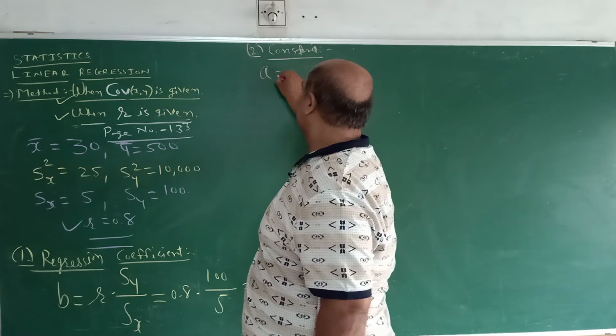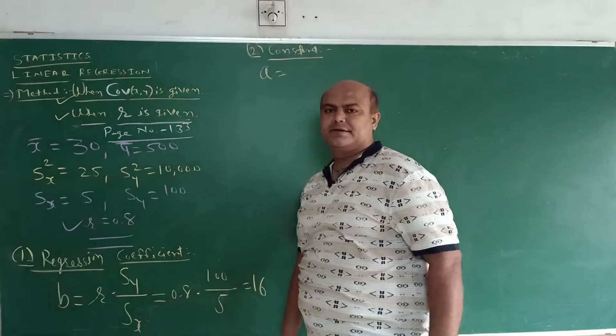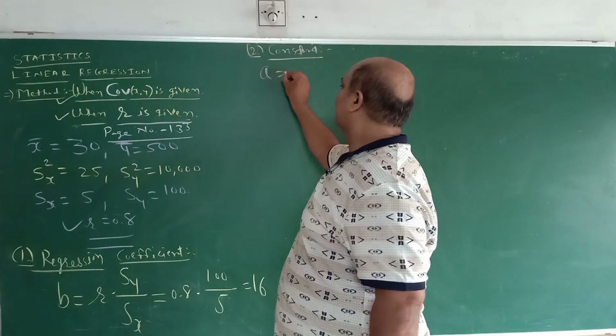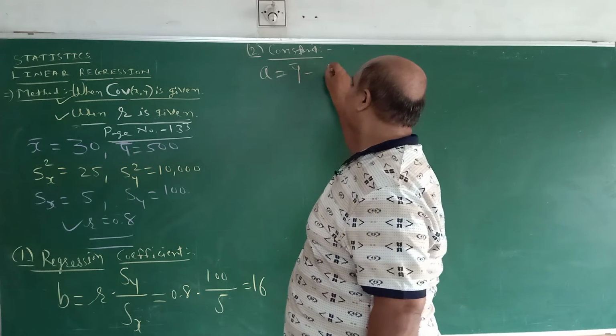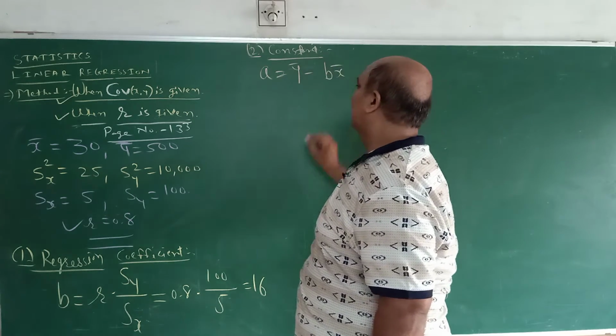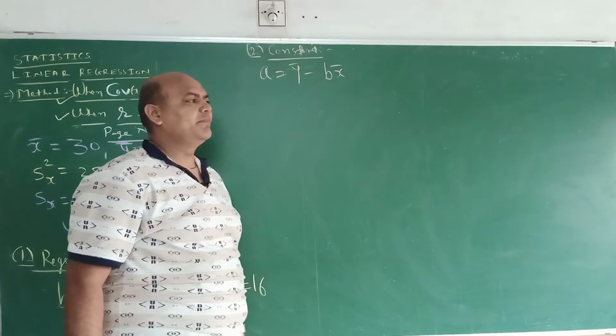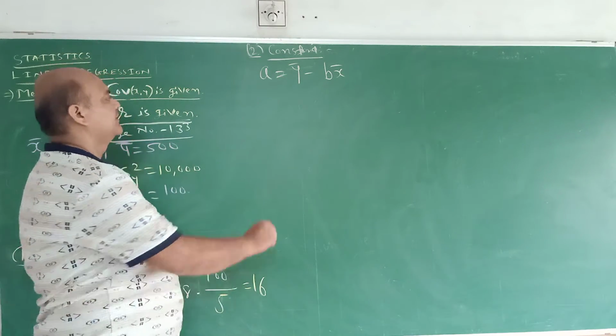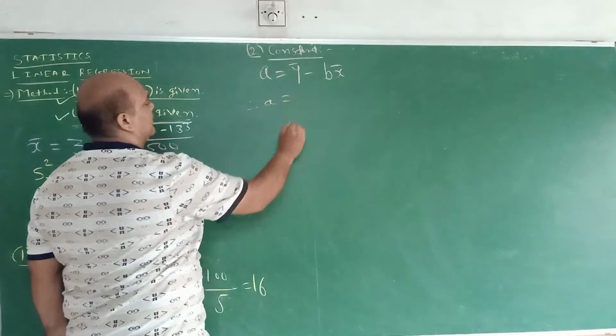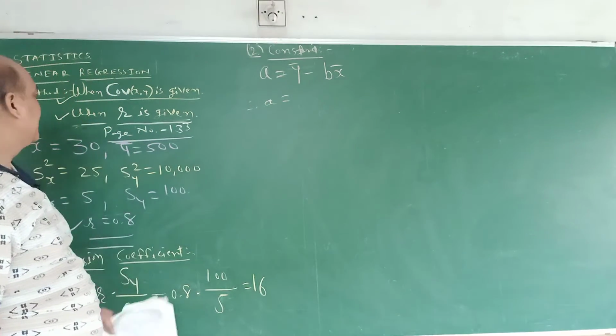Constant is denoted by A. The formula of constant is y bar minus b x bar. A is equal to y bar minus b x bar. We put the values into the formula.